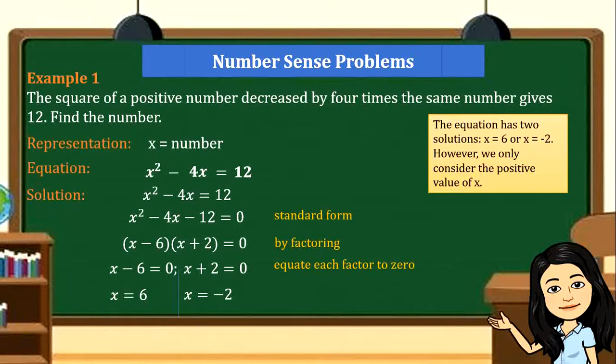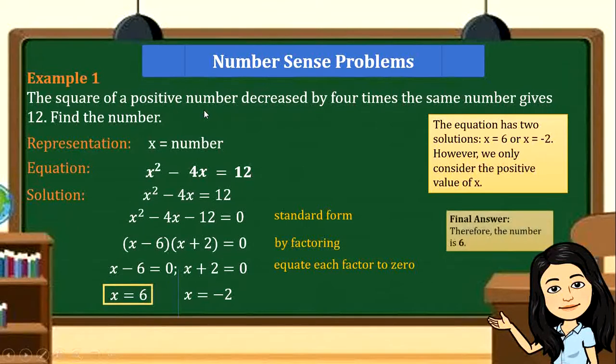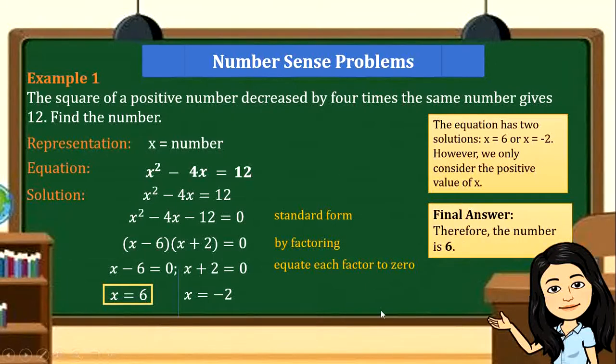However, we only consider the positive value of x. Bakit? Kasi ang sabi dito sa problem, the square of a positive number. So, meaning, ang hinahanap lang ay yung positive number. So, the final answer is positive 6.